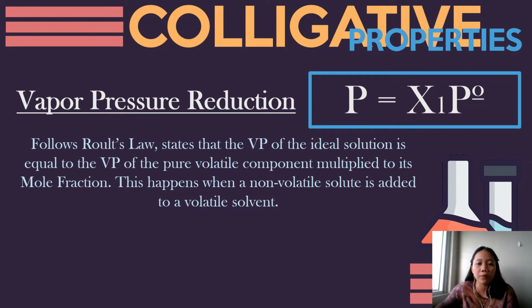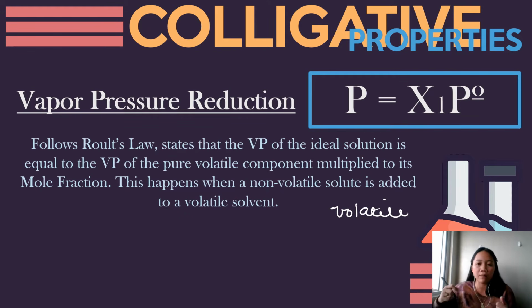Now, let's review the properties of liquid that we have just discussed in Chapter 2. What do you mean by volatile? When you say volatile, these are substances, it could be solid, it could be liquid, wherein it could easily skip its phase from a solid or liquid into gas.